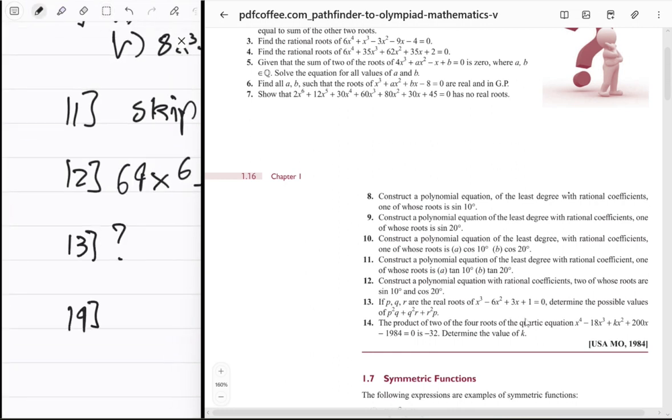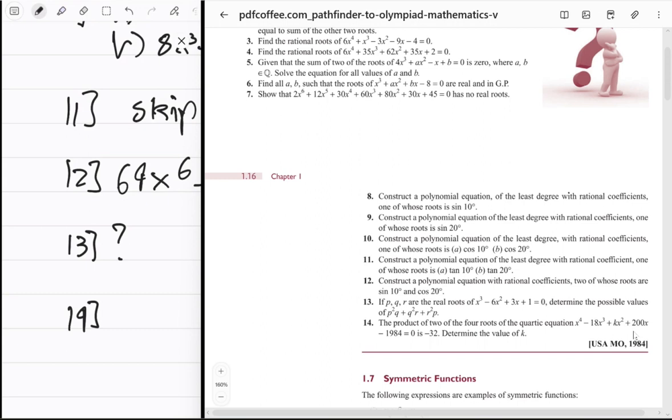14th: the product of two of the four roots of the quadratic equation is negative 32. Determine the value of k. What is k? This thing, right? Sum is given. The product of two of the four roots is this thing.